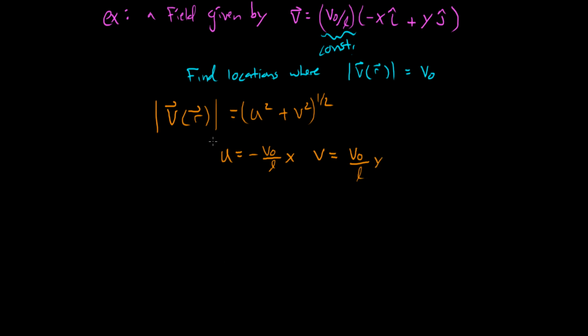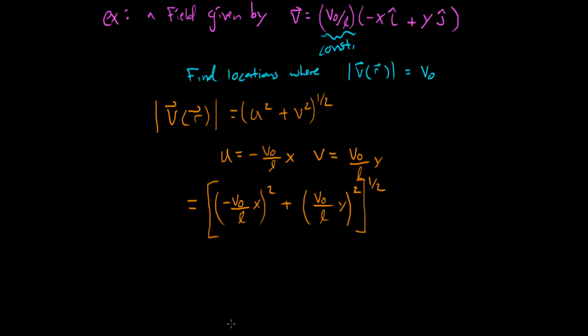So let's drop those into our magnitude calculation here. And so we're going to have minus v0 over L times x. We're going to square that whole quantity, and we're going to add to it v0 over L y. Square that whole quantity, and then magnitude is the square root of that.